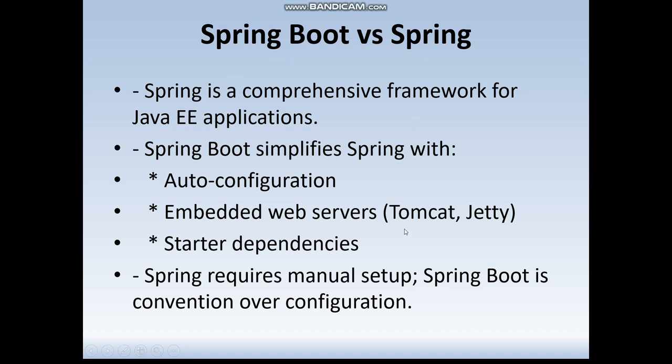Then we have the next question, Spring Boot versus Spring. It's a most asked, easy question. Why are we using Spring Boot? Because it has the auto configuration feature as I told, embedded web servers, and starter dependencies to create a standalone application. If you go with Spring, it requires manual setup and you need to configure all the configuration files manually.